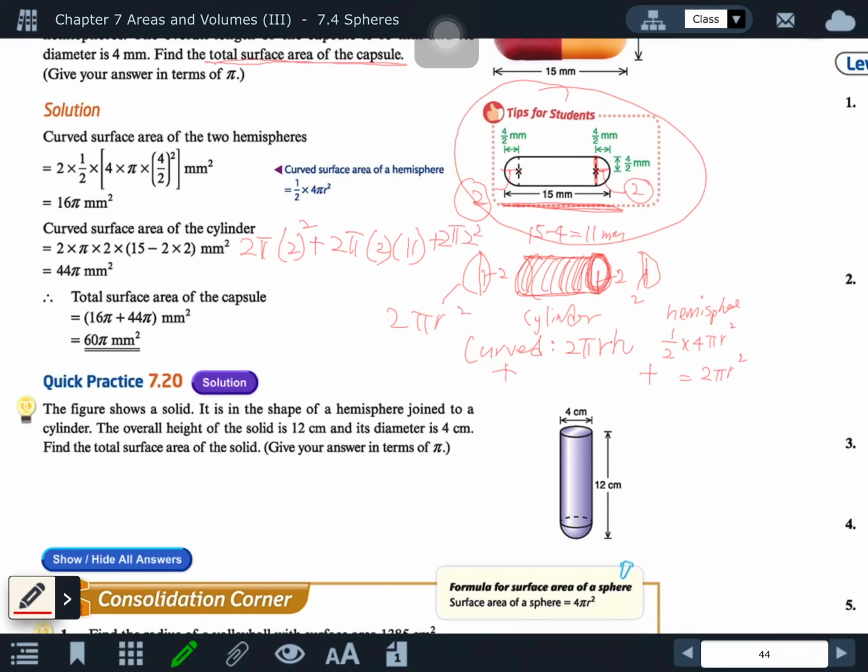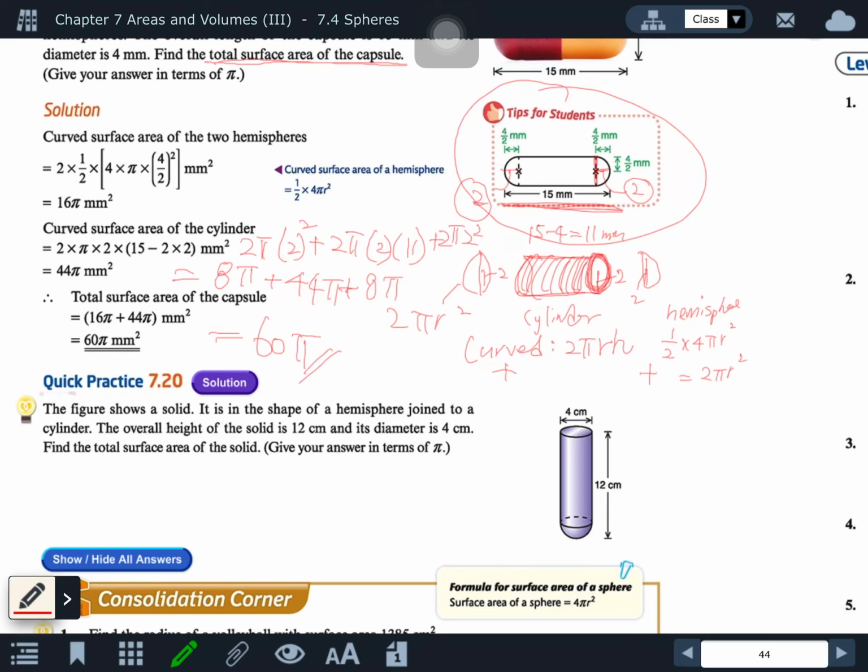Okay, so the total surface area you will have is 4 times 2, which is 8 pi, and then you will have 44 pi in the middle, and the last one you will have 8 pi again. Then 8 plus 44 plus 8, you will have the answer of 60 pi. Okay, that's all you need to do.